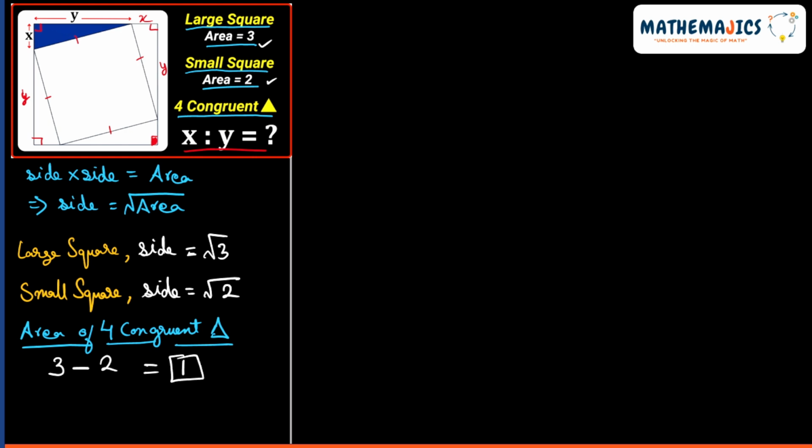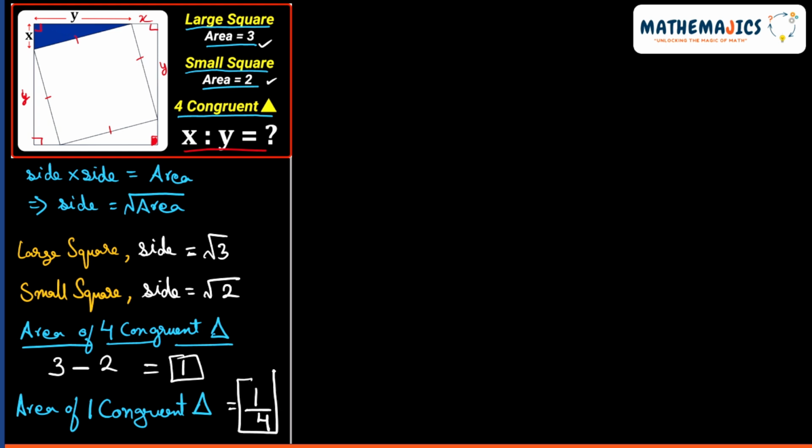Okay. Now if 1 is the area of 4 congruent triangles, what will be the area of one congruent triangle? Area of one congruent triangle will be 1 by 4 because the triangles are congruent, so their areas will be equal. So area of one congruent triangle will be 1 by 4.